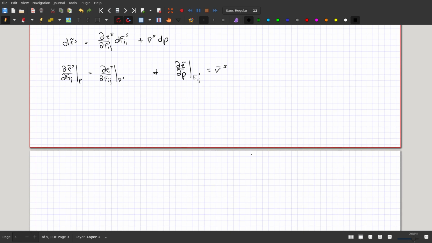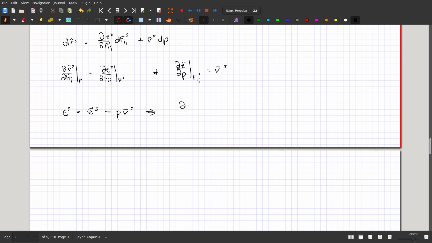So then I'm going to rearrange my Legendre transformation, just solve for E of S in terms of E tilde of S minus PV. And then I'm going to compute the derivative of this thing with respect to F_ij holding P fixed.